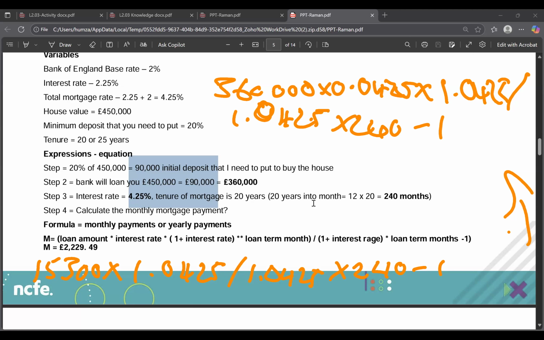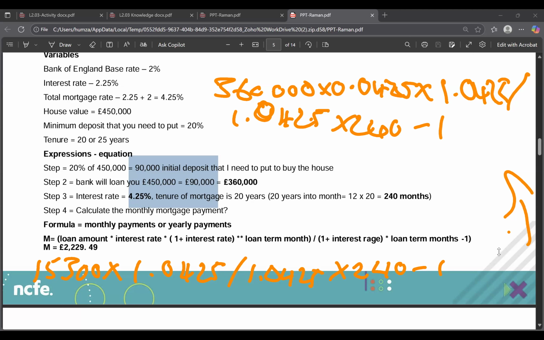So it's multiplied by the long term, multiplied by 240. Oh, sorry, this formula is wrong, guys. Sorry, this formula isn't right.